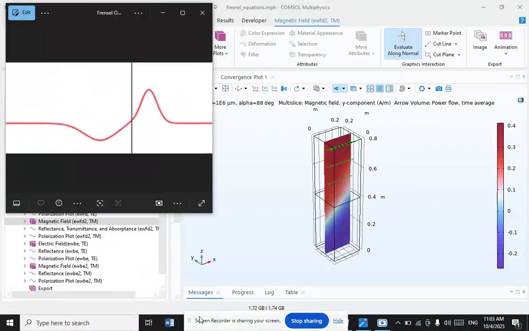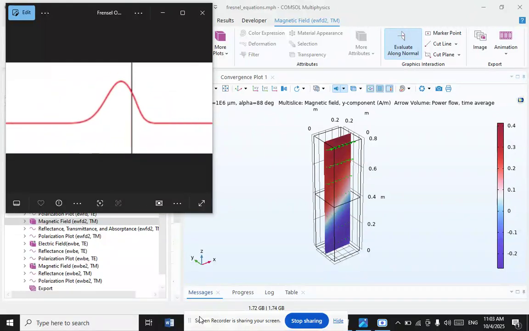What are the key concepts? The first one is interface, the boundary between two media with different optical properties, such as air and glass. The next one is refractive indices, n1 and n2, properties of the media that describe how fast light travels through them.